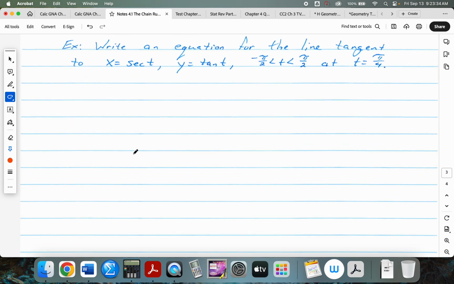So let's write an equation for the line tangent to x is equal to secant of t, y is equal to tangent of t, on the interval from negative pi over 2 to pi over 2 at time t equal to pi over 4. Well, in order to write the equation for any line, the first thing we need are the coordinates of a point. So I'll start with that. x is equal to the secant at pi over 4.